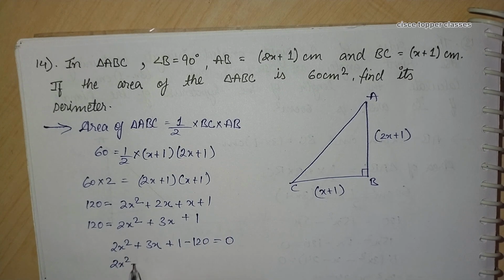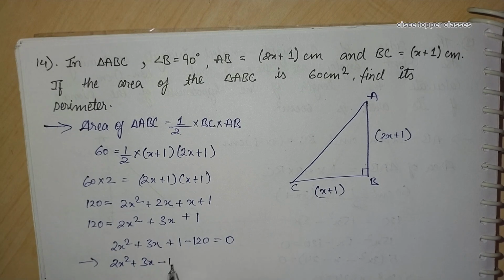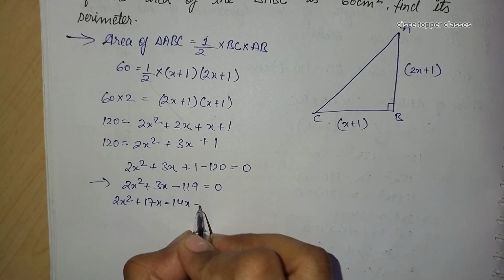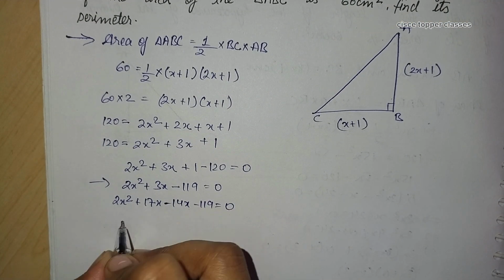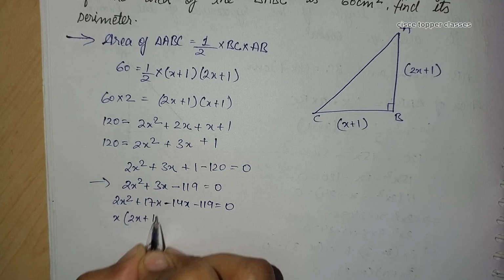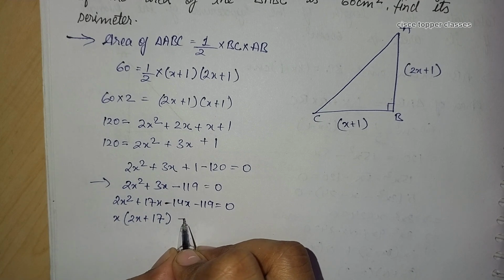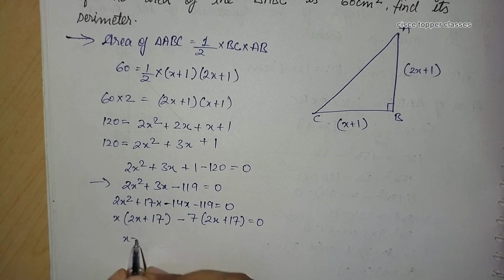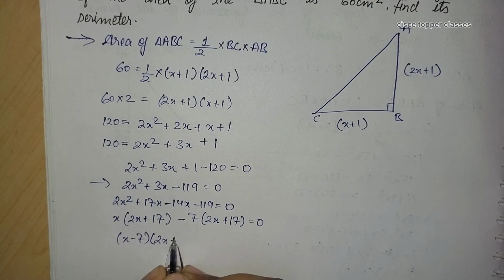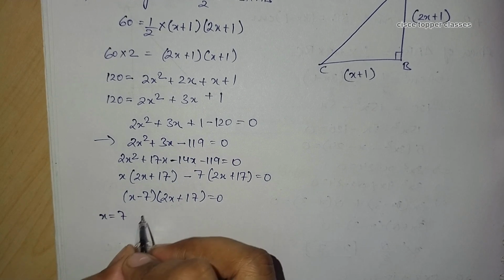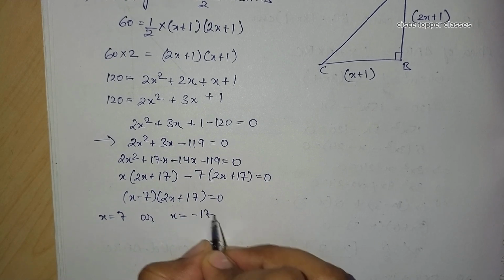So 2x square plus 3x minus 119 equal to 0. 2x square plus 17x minus 14x minus 119 equal to 0. So we'll take common x here. So this is 2x plus 17, and here we will take common 7. So again 2x plus 17 equal to 0. This is x minus 7 and 2x plus 17 equal to 0. We can write here x is equal to 7, or x is equal to minus 17 by 2.